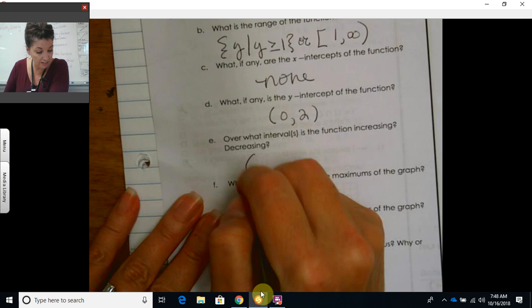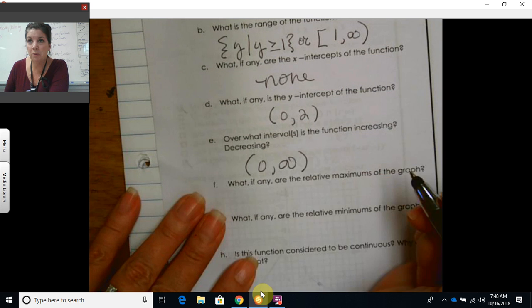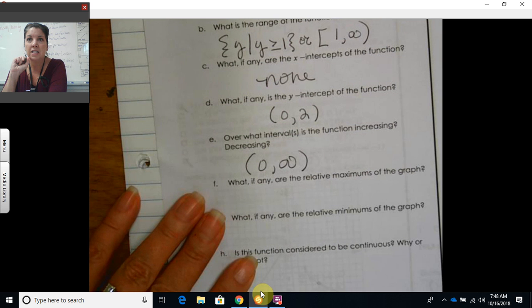If you listed them separately, I would not count that wrong, but if it was a multiple choice, you would probably only see from 0 to infinity. And again, at 0 I use a parenthesis because at 0 it's not doing anything. That's its starting point.